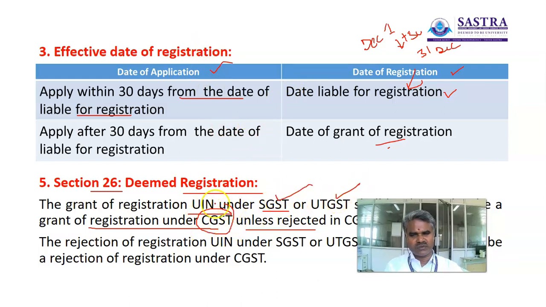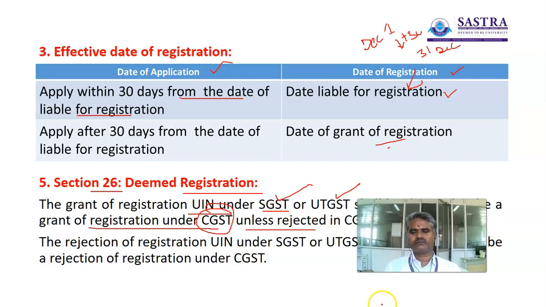You have to register your business under CGST only. You need not register under SGST or UTGST separately. Once you register your business under CGST, it is also applicable for SGST and UTGST. Very simple. This is deemed registration, my dear students.